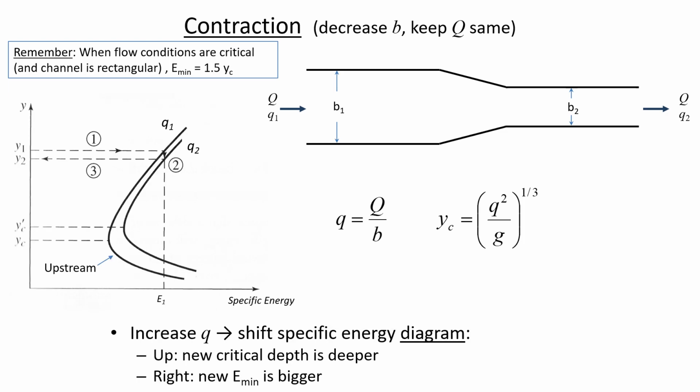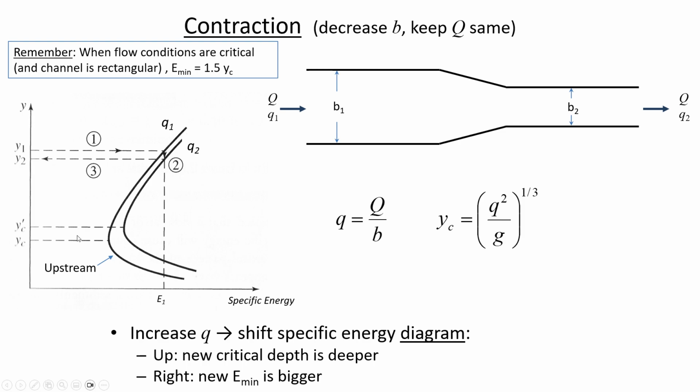So a specific energy diagram is a representation of some combination of flow depths and velocities that convey the same flow rate Q through a channel of given geometry. And so here on the left side, this is the specific energy diagram for the flow at 1. And so at 1 there was some velocity, some specific energy that's minimized, and that's the critical depth.